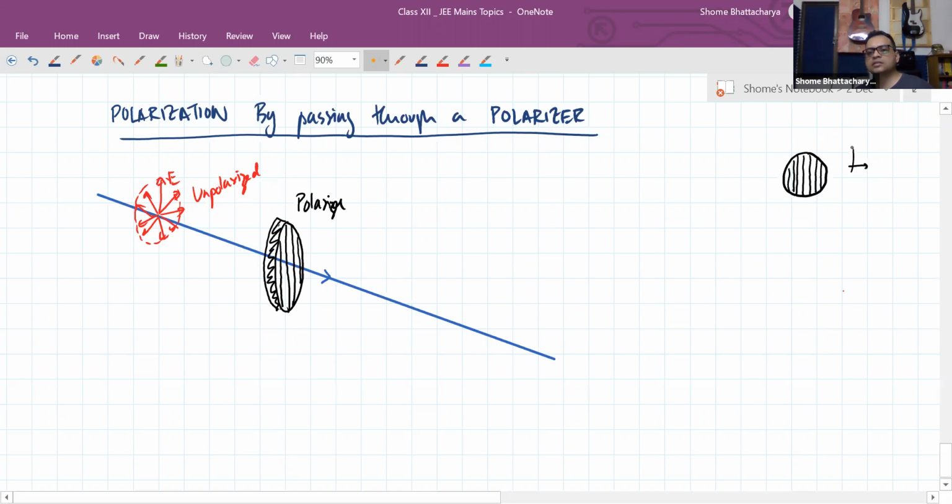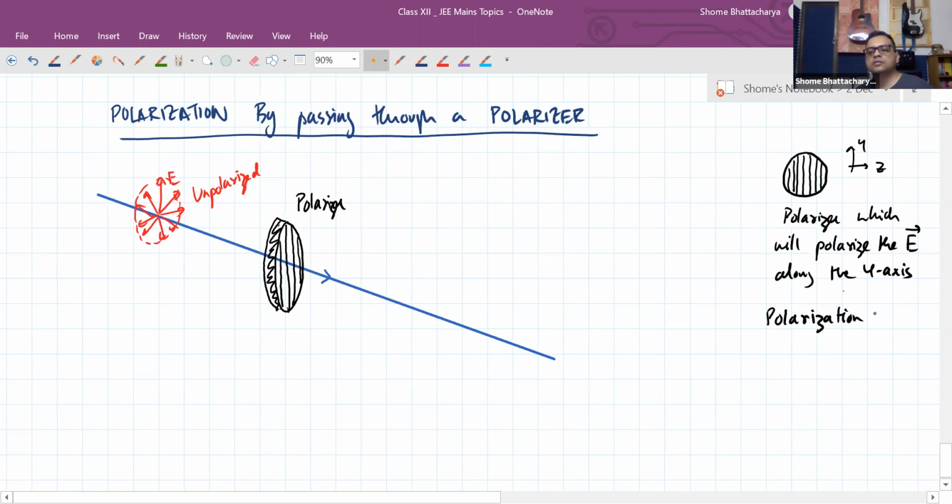So if this is the y-axis, then this is a polarizer which will polarize the electric field vector along the y-axis. We call that the polarization axis, the y-axis.